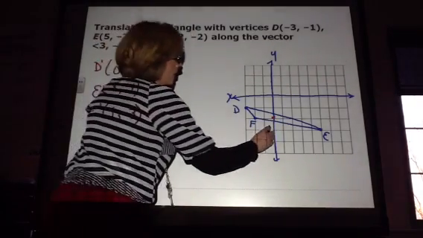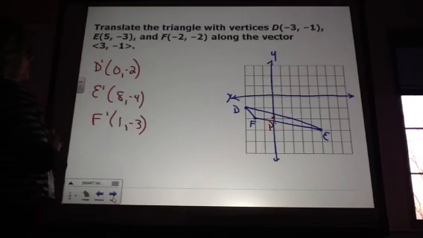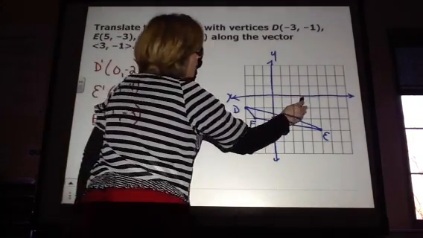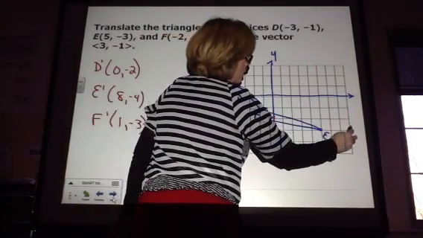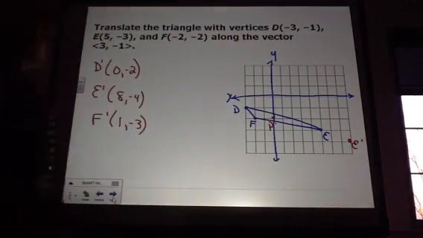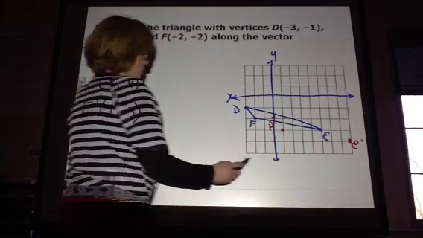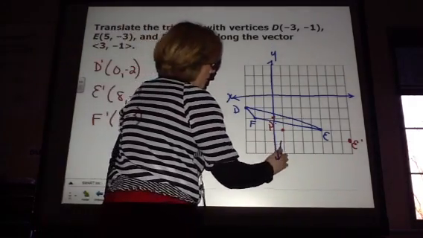That is our D prime. And then we need 8, negative 4. E prime, and we need 1, negative 3. And that is our F prime.